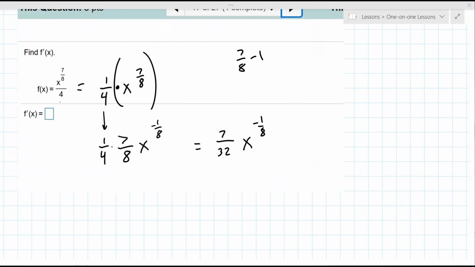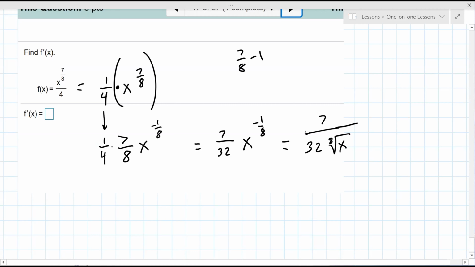If I just plug this top one into a calculator, it wouldn't get me to 7/32 x. It might write it this way, with the eighth root of x, which is correct. I put in 1/4 times x to the 7/8 in parentheses, but it gave me a decimal.